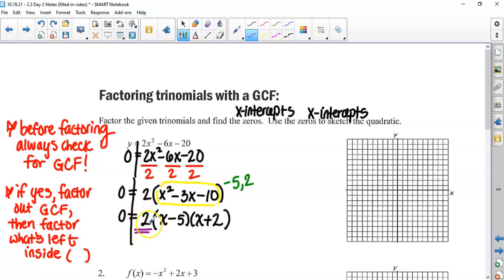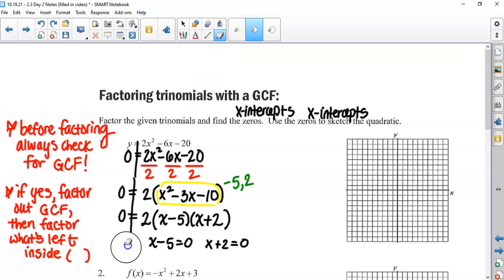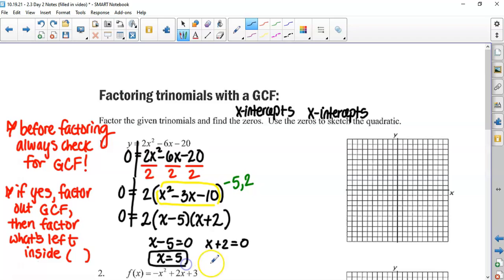It needs to stay here. This can't just disappear. But when we set our factors equal to 0, that's not going to be part of what we do. We're just going to take x minus 5, set that equal to 0, x plus 2, set that equal to 0. Using our mental math skills, this gets us 5, and subtracting 2 from both sides, negative 2.